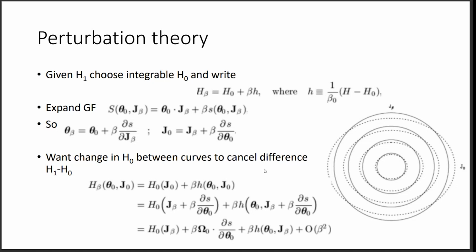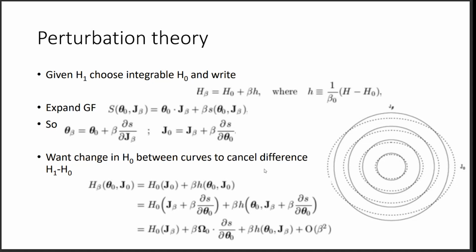So they're the orbital tori of H beta, whereas the dotted curves show the tori of J0 of H0. And what we're trying to do is map the dotted curves into the full curves.